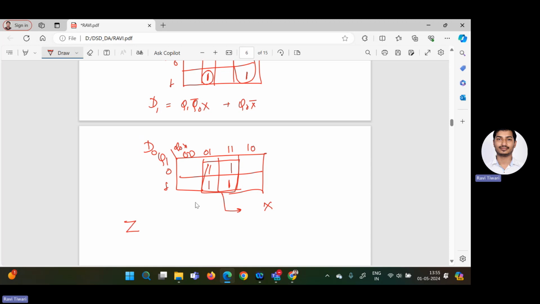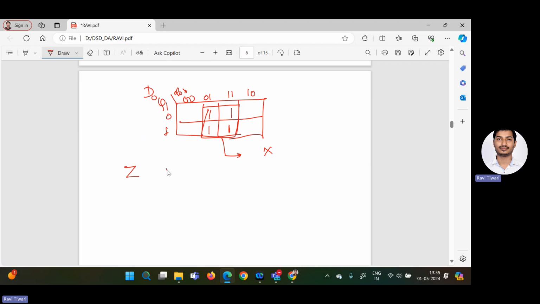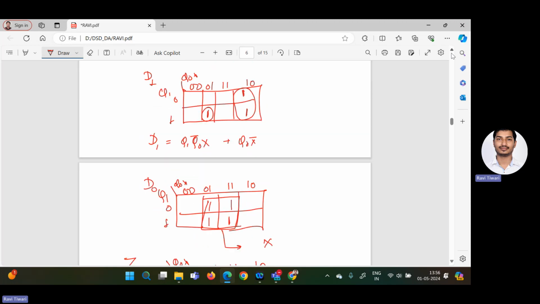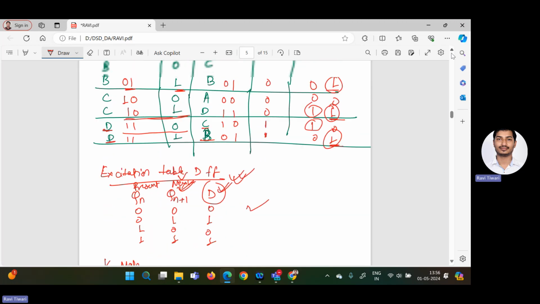Similarly, we have to find out the expression for Z. And for Z also, we have to make a 3-variable K map like this, where the inputs will be Q1 and Q0 X. As it's using the gray code, we can represent it as 0, 1, 1, 1, 1, 0. Now, wherever your Z values are 1, you have to fill the K map by 1 there.